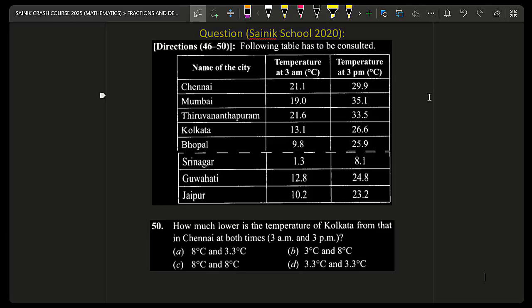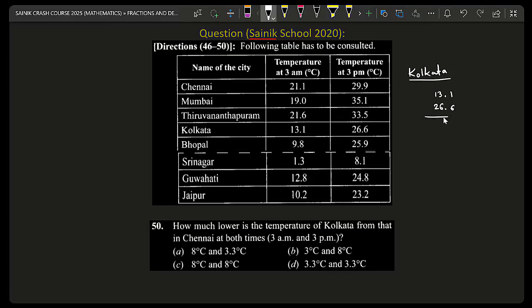First we need to find both times together. So for Kolkata, what is the total temperature? Addition. Kolkata 3 a.m., what is the temperature? 13.1. And 3 p.m.? 26.6. So I want to find the sum.